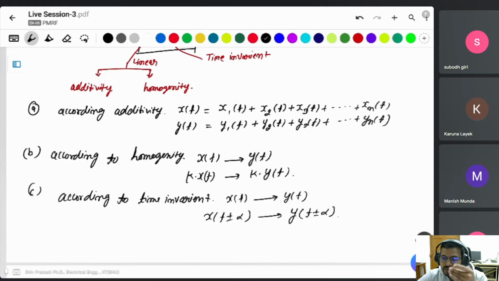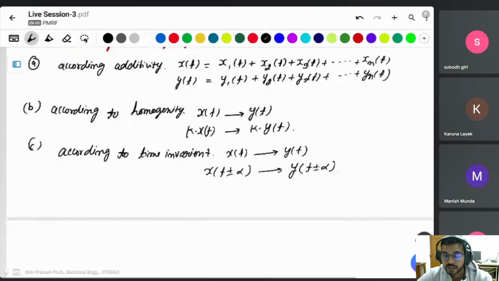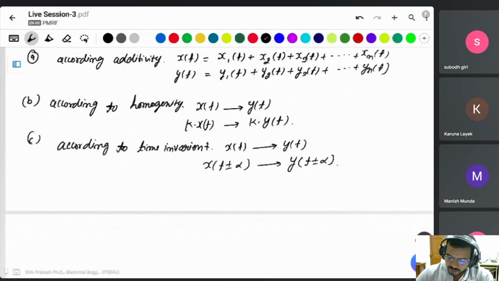This type of system is generally difficult to process, to understand, to learn about and to use. It's difficult.